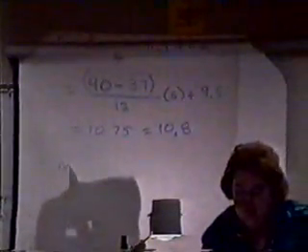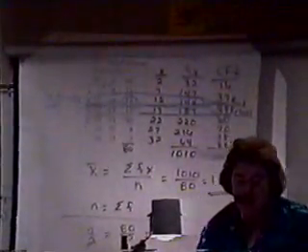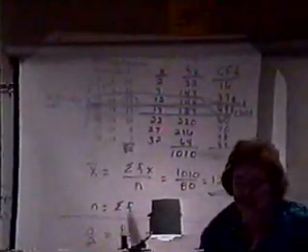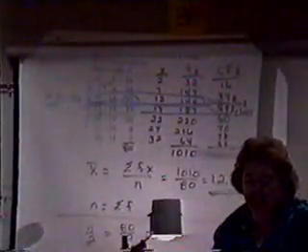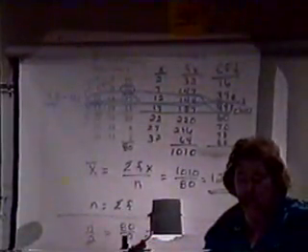Now the last one is the mode. The handout says that the mode is the midpoint of the class with the most frequency. There's no computation here, you just look at the midpoint of the class with the most frequency. So you look down the class, the midpoint of that class is 7.